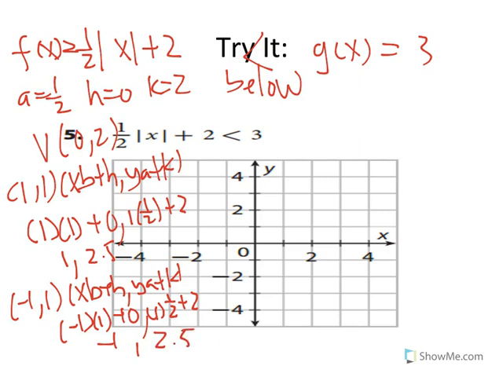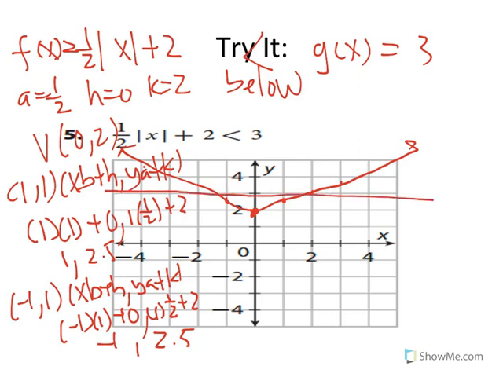Right, so the vertex is at 0, 2, and then 1 and 2.5, so then it's here. And the other one is -1 and 2.5, so it's here. Right. Okay, so our graph can do something like this. Right, and then this is when y is 3 and when g of x is 3, so we have this graph.